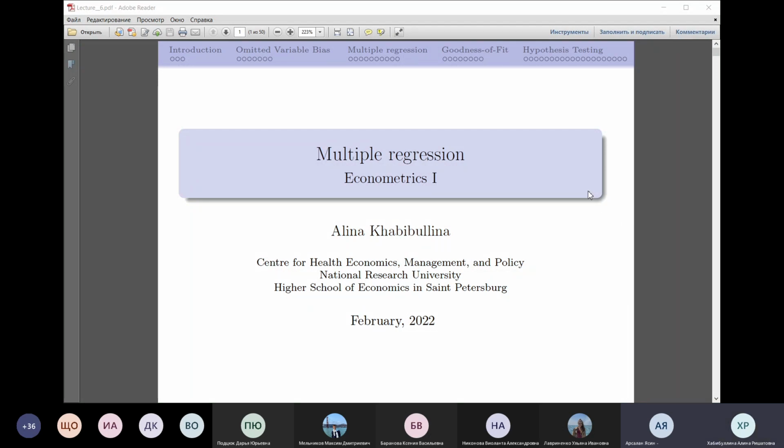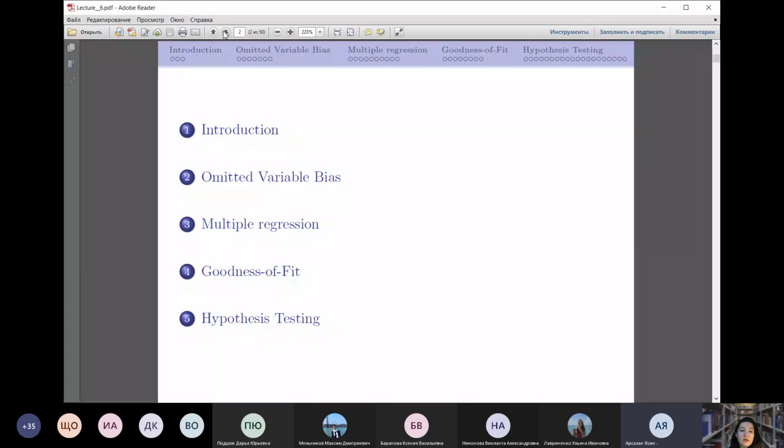Okay, so today we finally start our discussion about the multiple regression models. You should remember that previous time we talked only about the simple regression models, where we have only one independent variable.